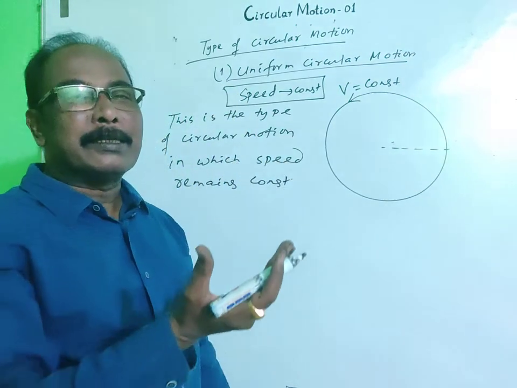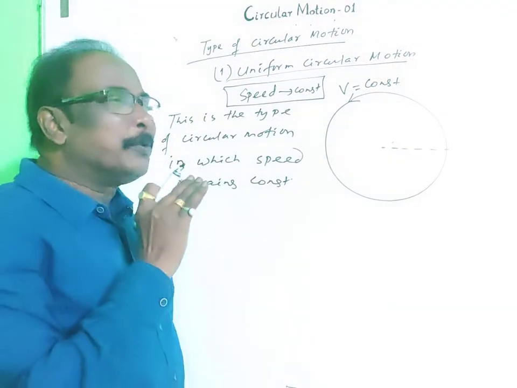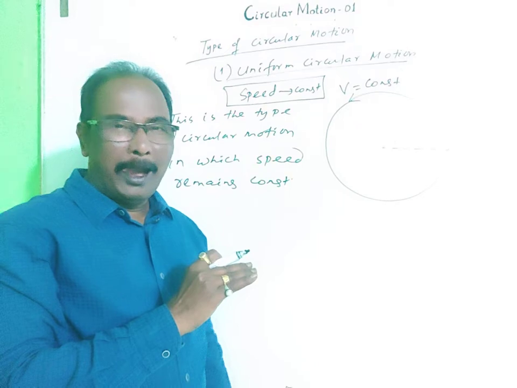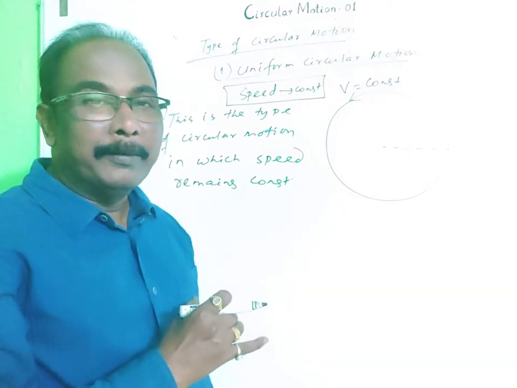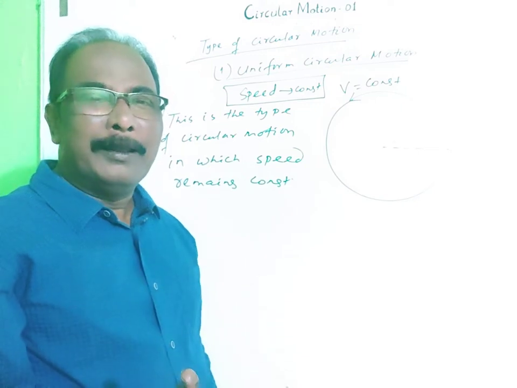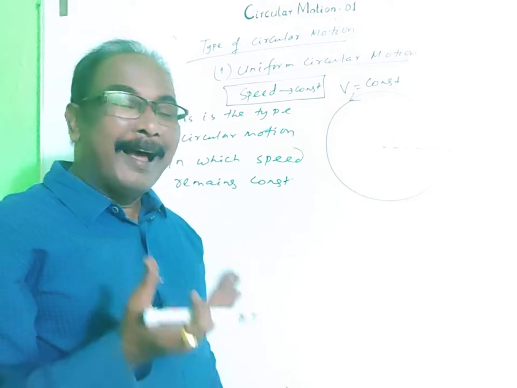But what changes? See, speed has only magnitude. If magnitude is constant, then speed is constant. But velocity is a vector quantity. Okay? It has a direction.